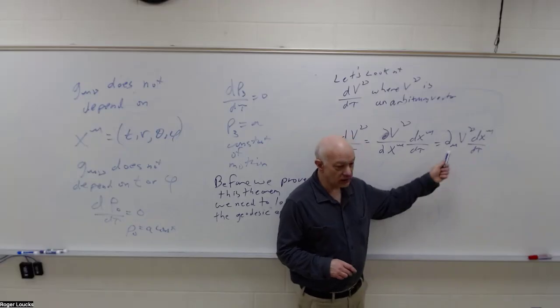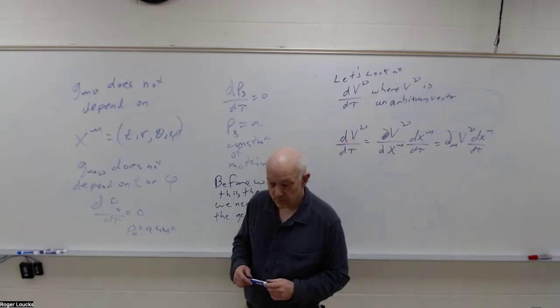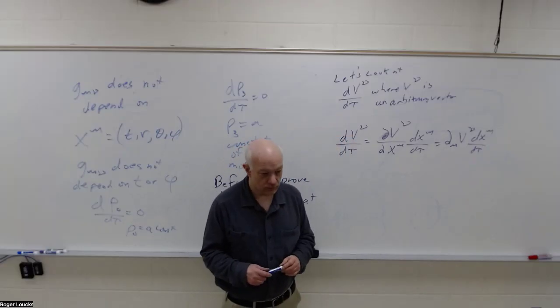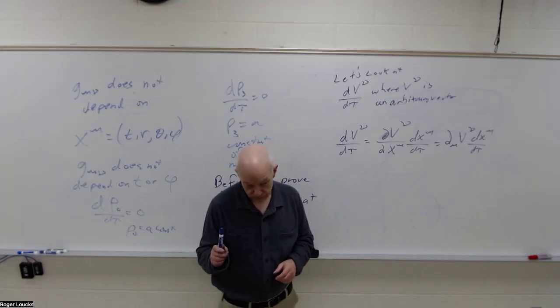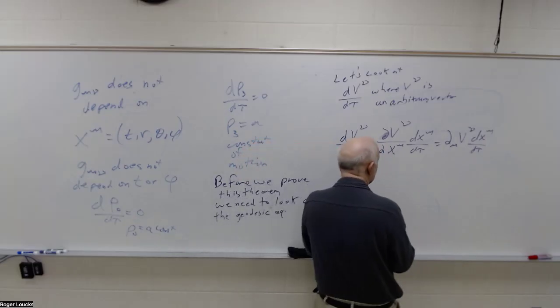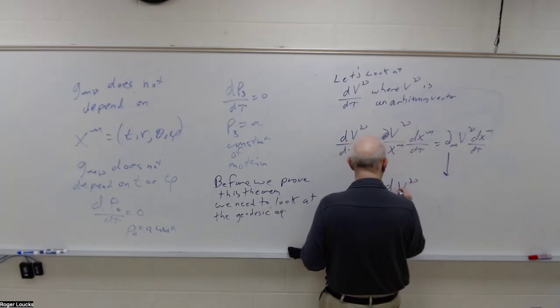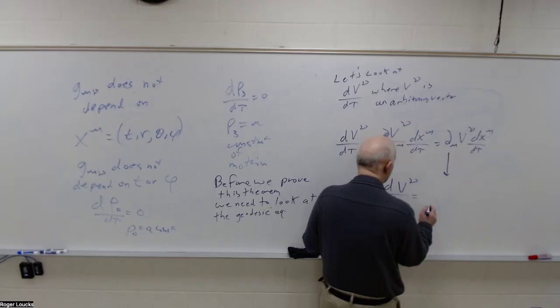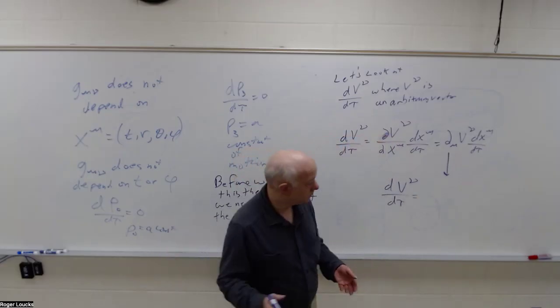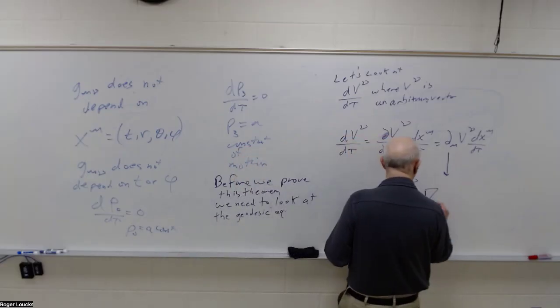I can replace this guy here with a covariant derivative. So what I could say is that this guy really, when that's always going to transform properly, is going to be this guy here.